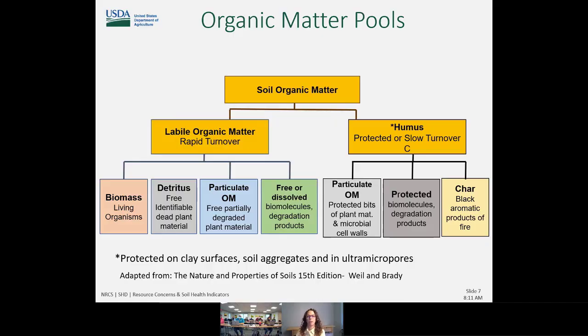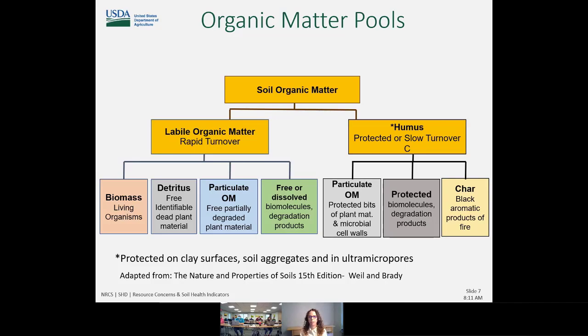On the other end of the spectrum are the more stable pools of organic matter. They are either protected chemically or physically, and they have slower turnover compared to the more labile organic matter.